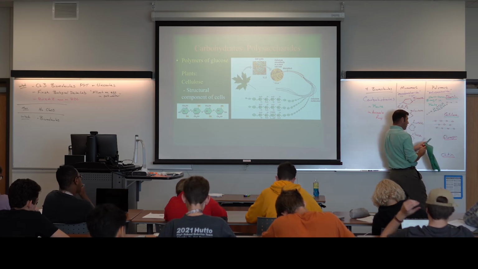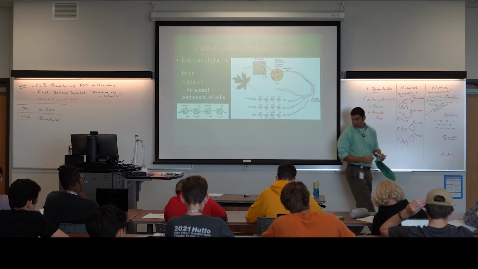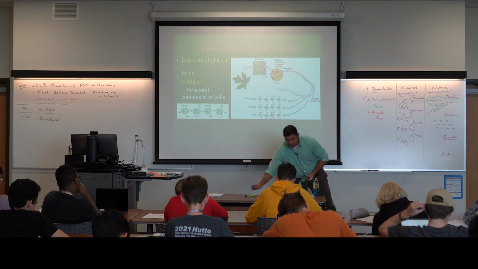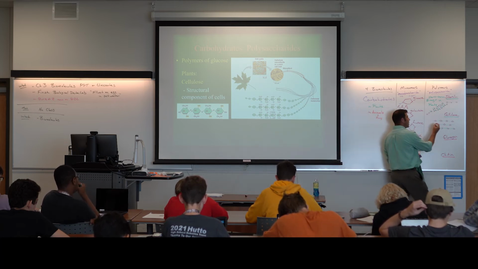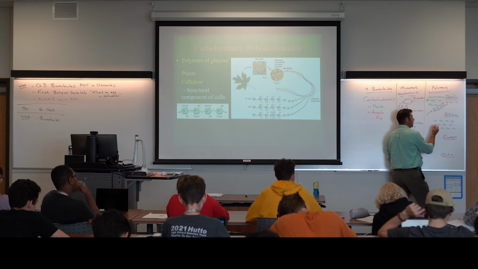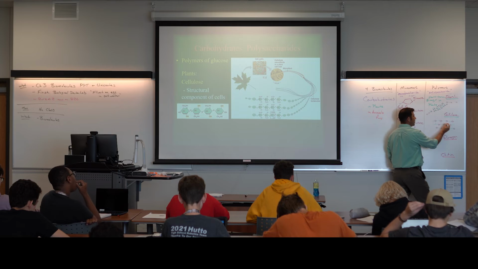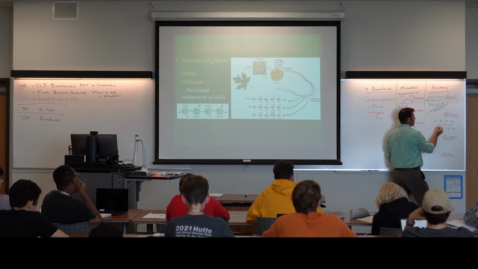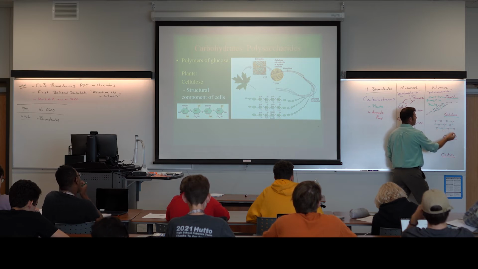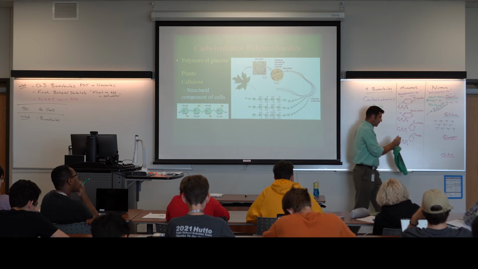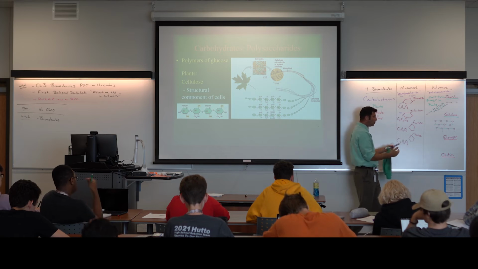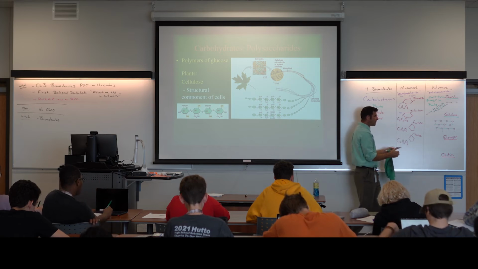And what's unique about this cellulose is that each chain of glucose molecules is going to form a hydrogen bond with the chain above and below it. So each glucose is locked in there with multiple bonds. That makes cellulose tough and indigestible.